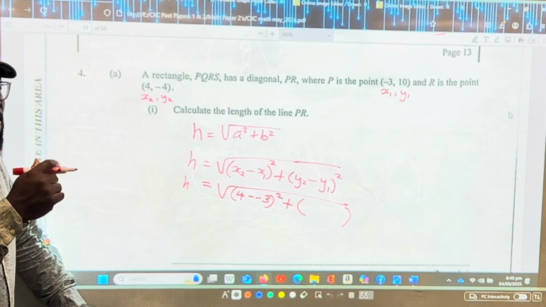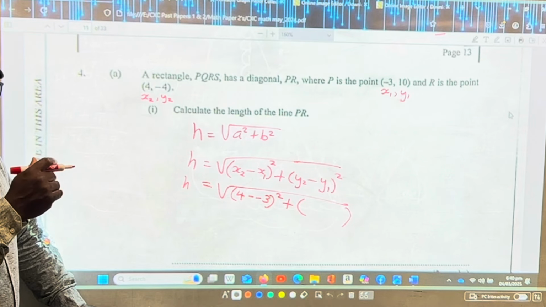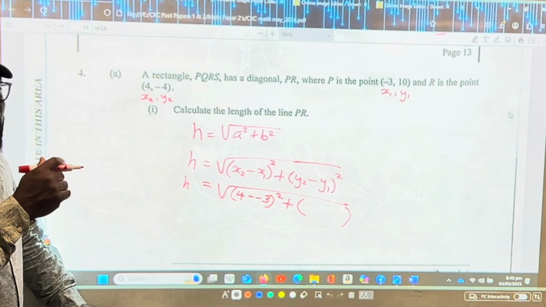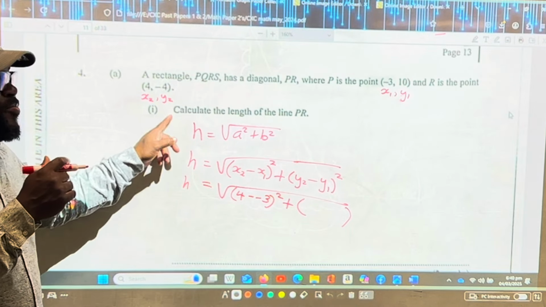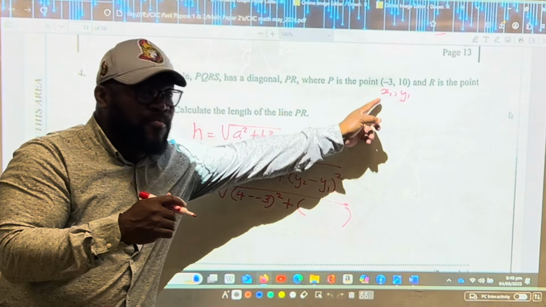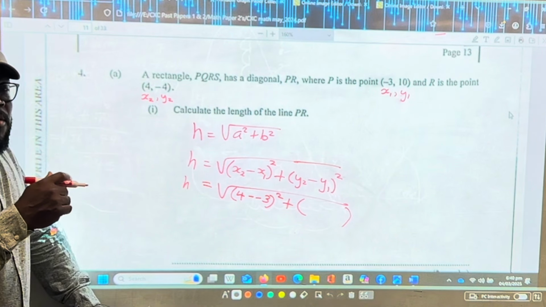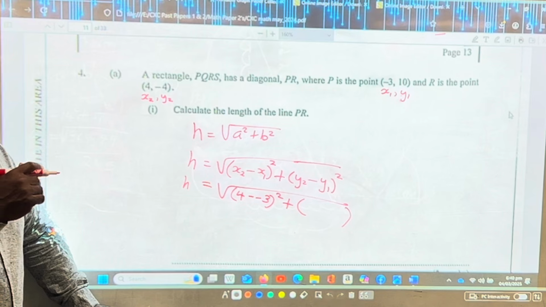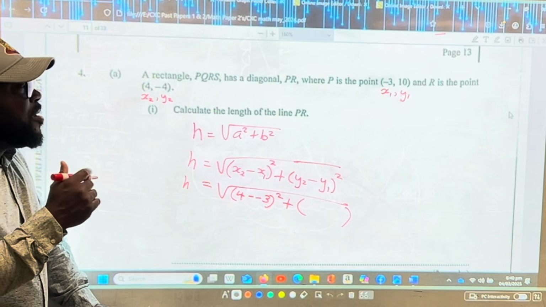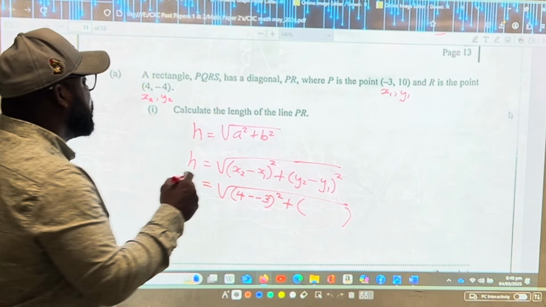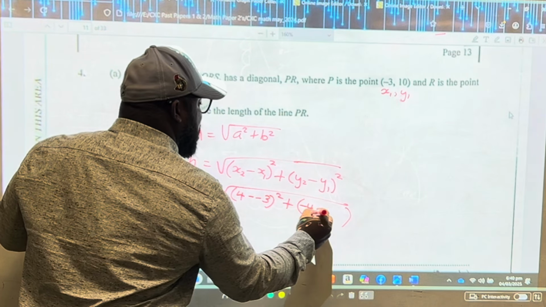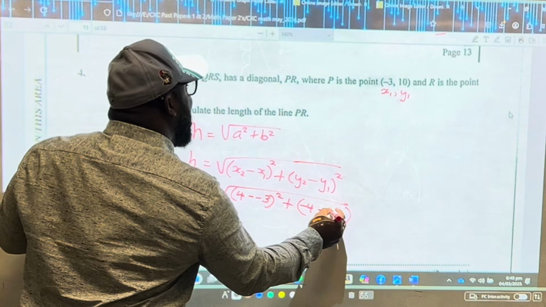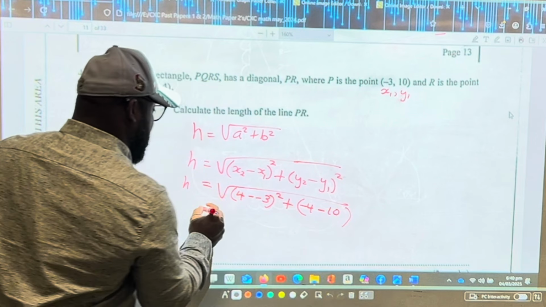Y2 take away Y1. Then listen. Negative 4 take away 10.